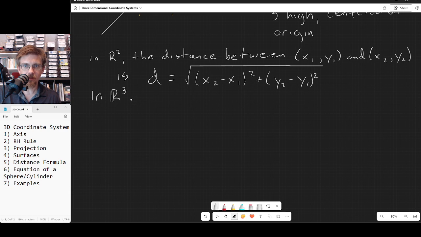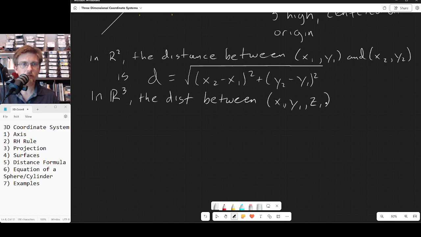So in R3, the distance between, now we're going to have three coordinates here, x1, y1, z1, and x2, y2, z2.